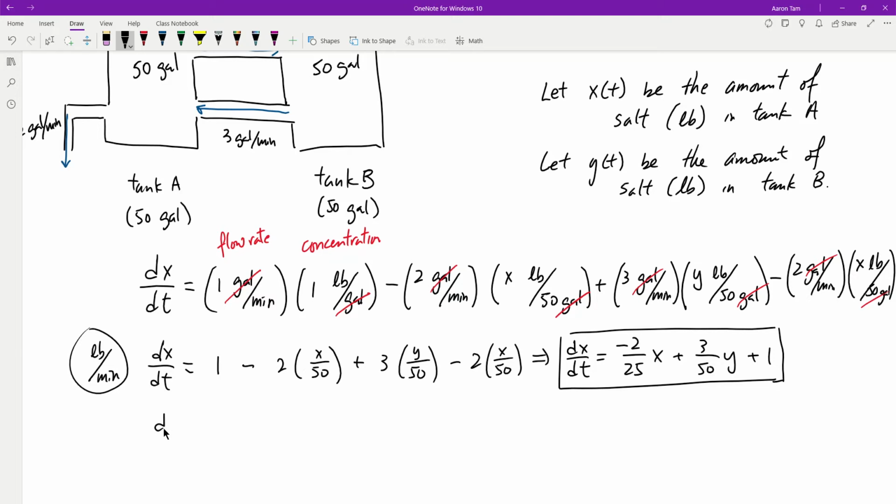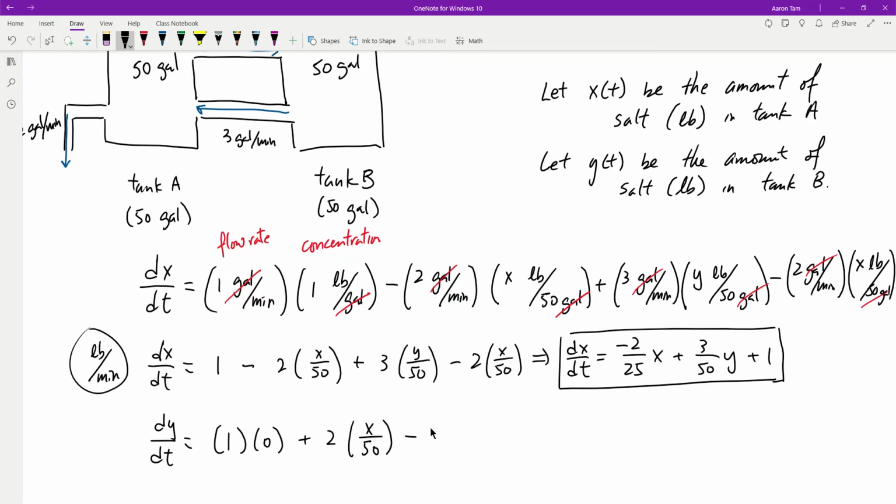Similarly, you can write a similar equation for tank B, which is dy over dt. So we look at it. First of all, I have 1 gallon of liquid coming in, but it's pure water, therefore it has 0 amount of salt per gallon. And then it also has 2 gallons per minute of liquid coming in from tank A, which has a concentration of x divided by 50.